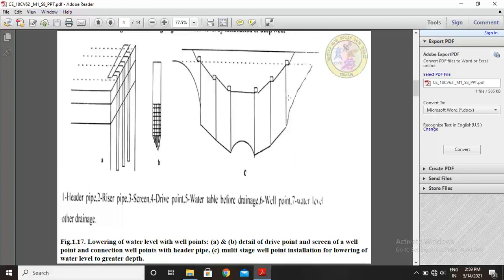The arrangement for sumps and pumping is explained based on the above figure. By the use of sumps and pumps, the working area can be kept totally dry since water seeps down the slope continuously.